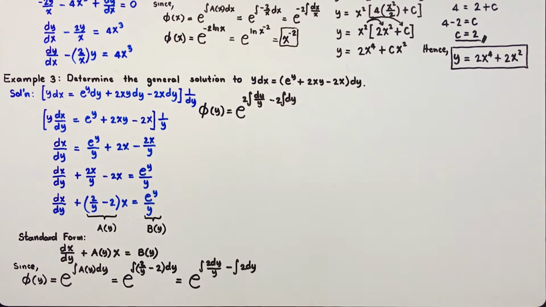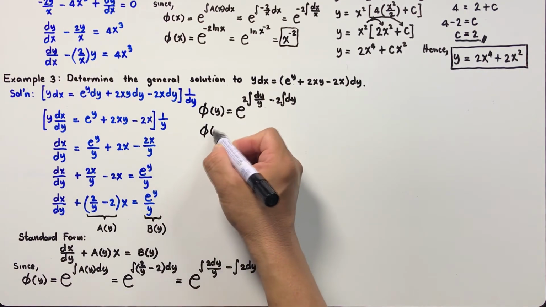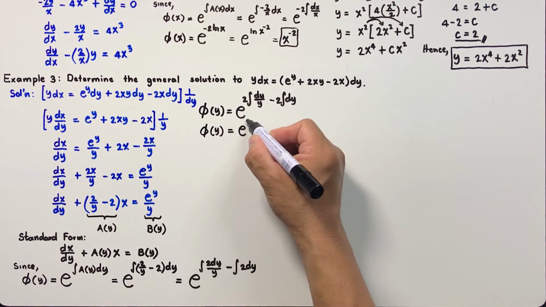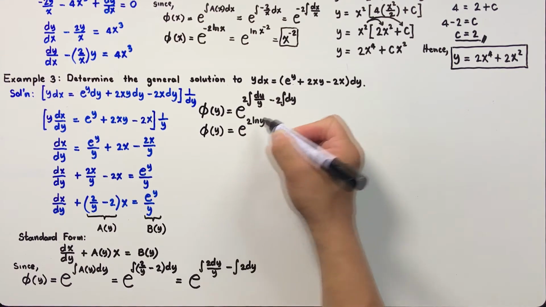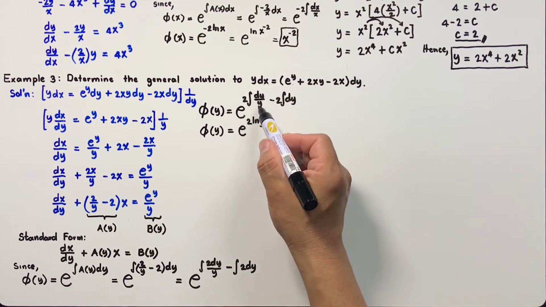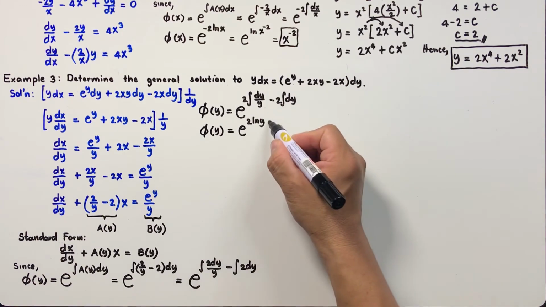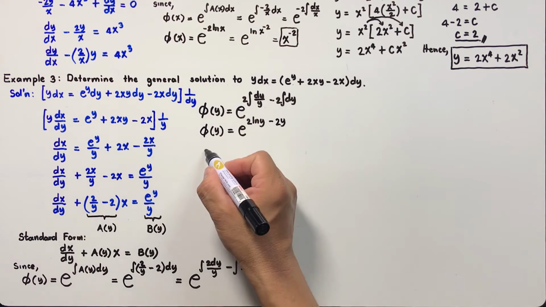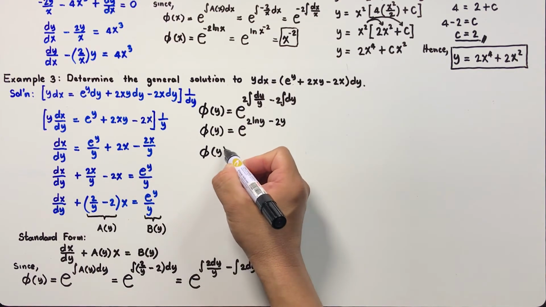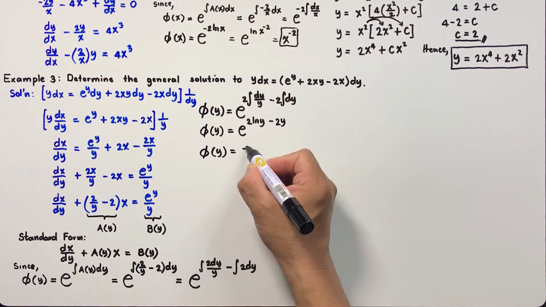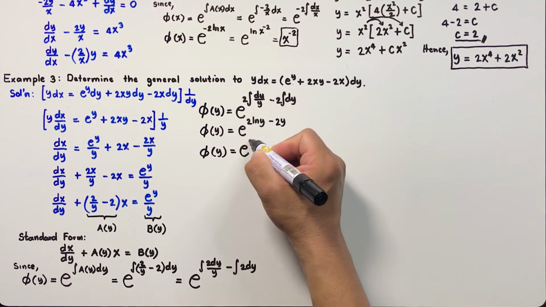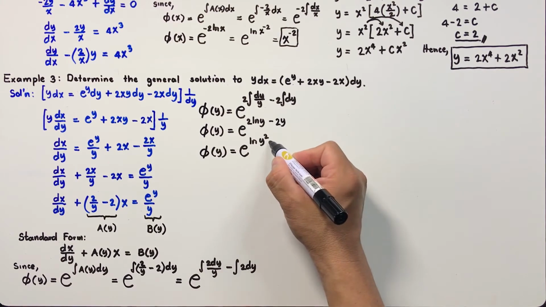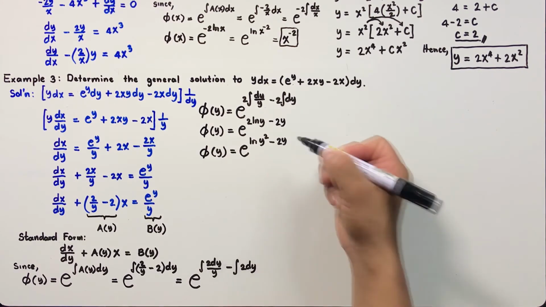So our phi of y here is equal to e raised to the exponent of 2 ln y, because we know that the integral of dy over y is ln y, minus 2y here. Therefore, applying the properties of logarithms, the 2 can become the exponent of y. So this is ln of y squared, and then subtracted by 2y.